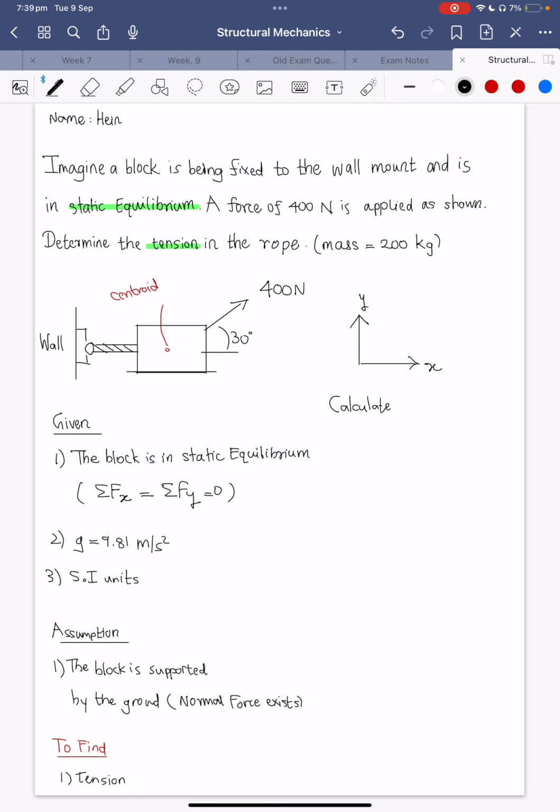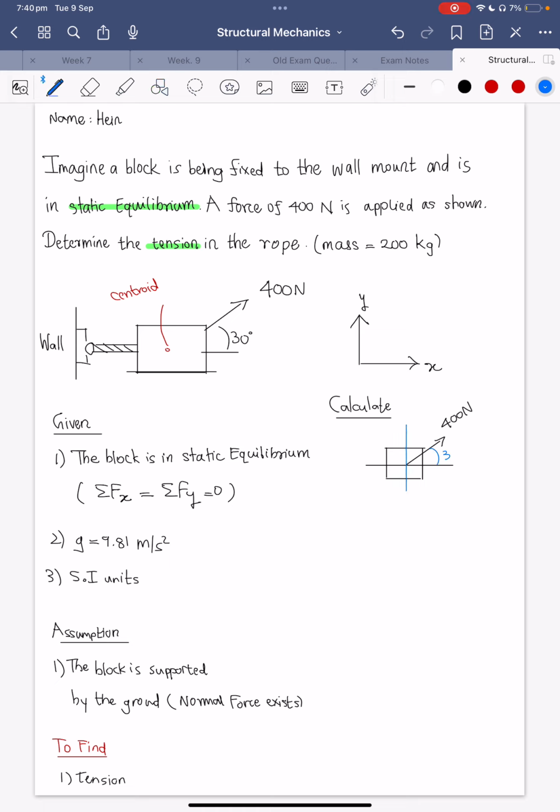In such problem sets, it is very important to make sure that you draw the free body diagram. So if I imagine I cut the rope and also I write down 400 Newton like that, I draw X and Y coordinates because this makes my life a little bit easier with calculations.